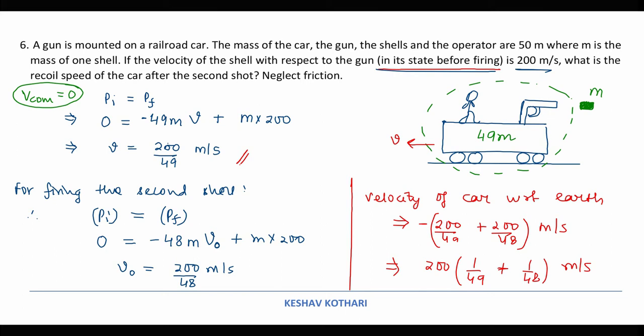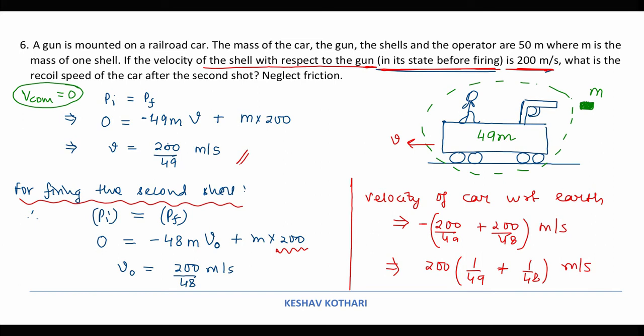In the second stage, we have applied the momentum conservation equation with respect to the shell, because the problem is stating the velocity of the shell with respect to the gun in its state of firing is 200 meter per second. So if I wish to write 200 over here, I need to apply the equation with respect to the gun.